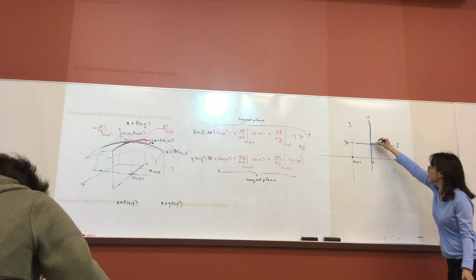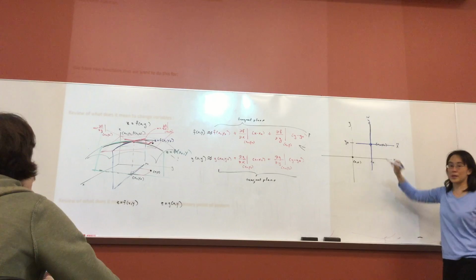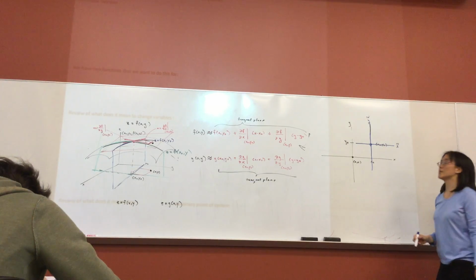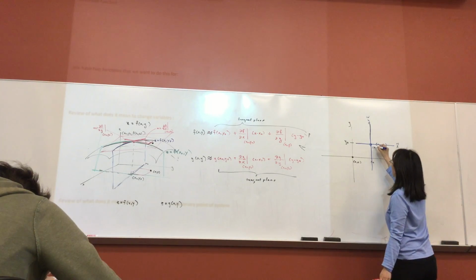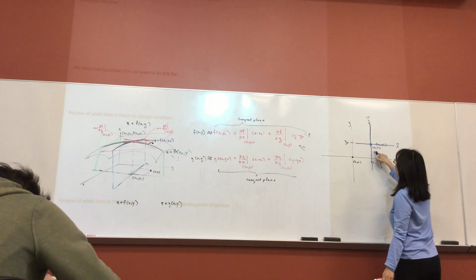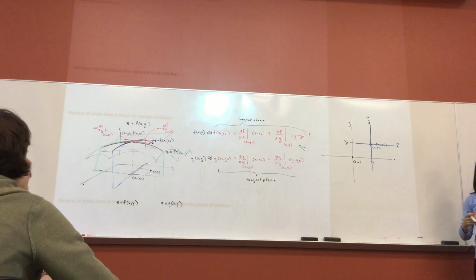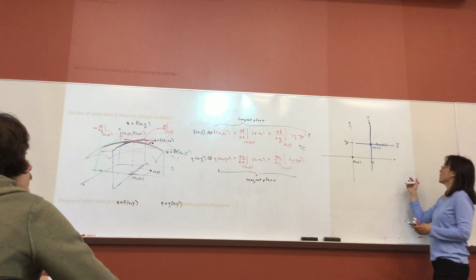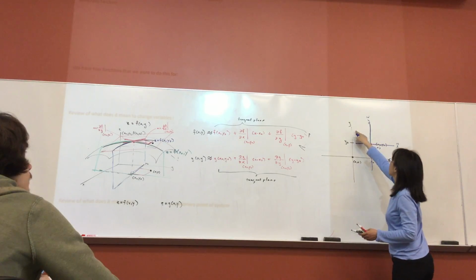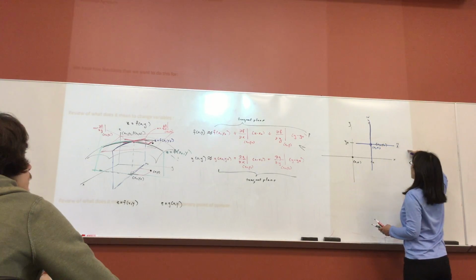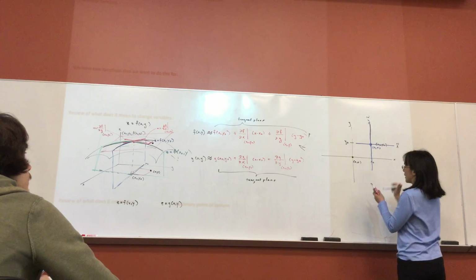This is going to be the brand new origin in blue, so it'll be the blue 0, 0, but in x tilde and y tilde. What you want to do is relate the original black x, y with the blue x tilde and y tilde.